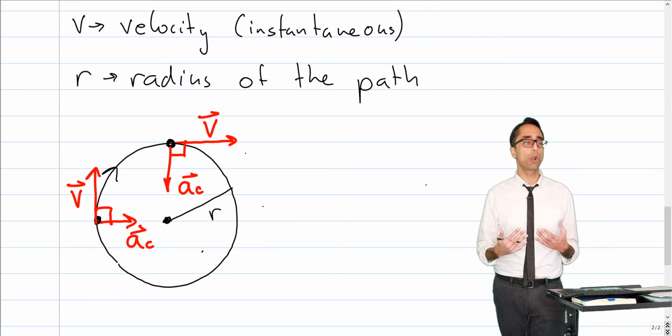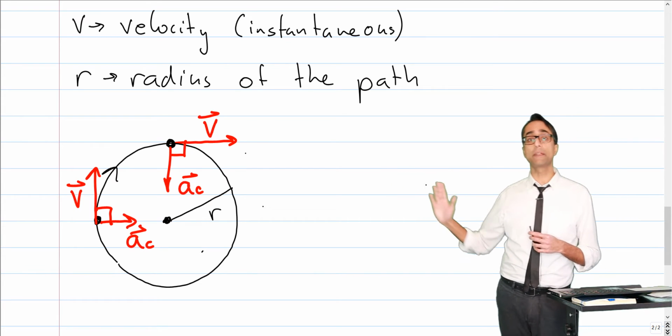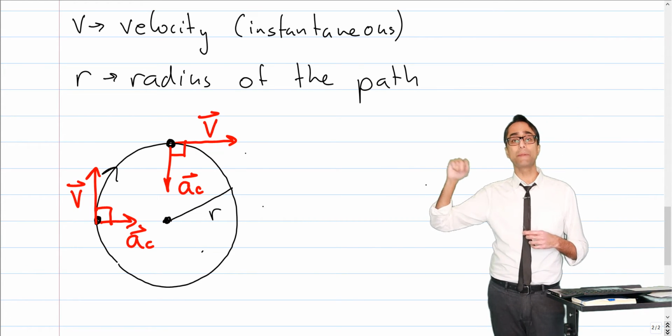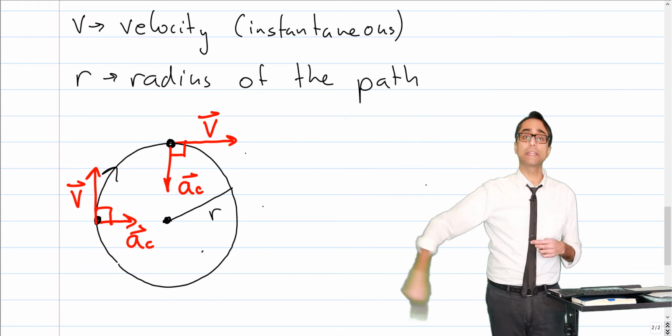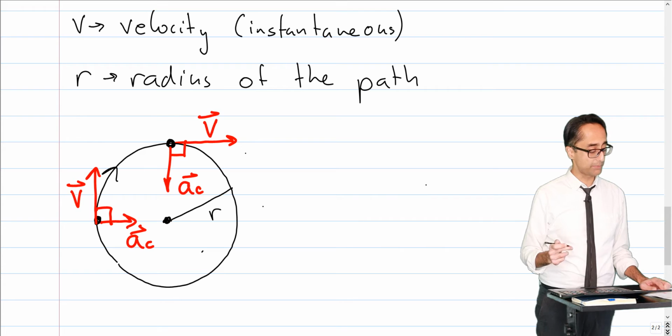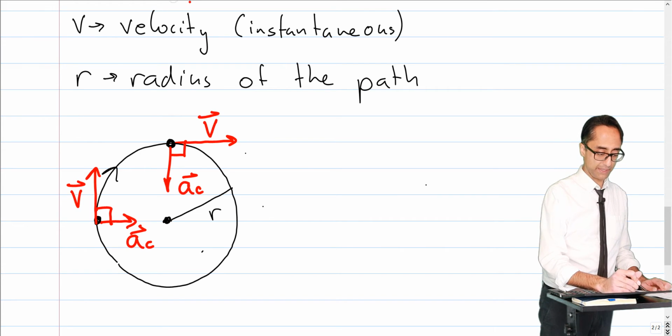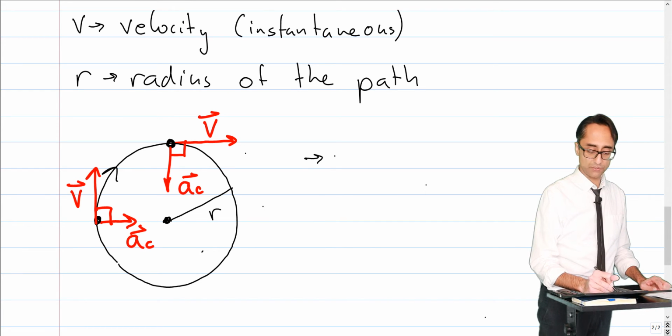These values are really made for describing motion in one dimension or even in two dimensions, but not necessarily in a circle. We're going to find a better way to describe circular motion. But let's make a couple of statements before we do that. We have the velocity is always tangent to the path.